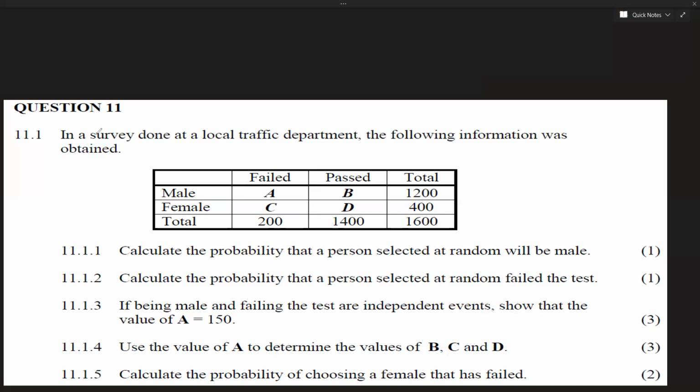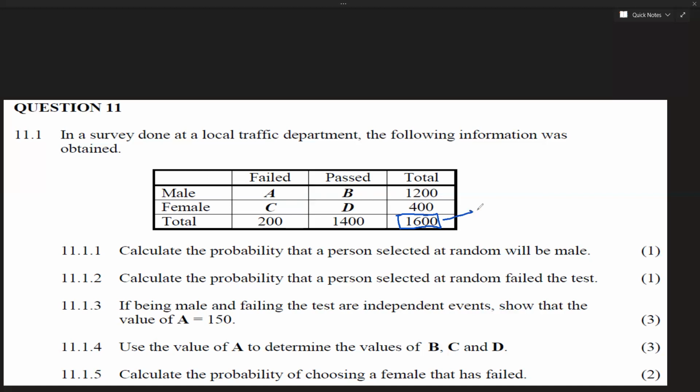They say in a survey done at a local traffic department, the following information was obtained. Then this information is represented on a what? On a contingency table, right? Perfect. So I'm going to highlight this number here. The number at the bottom right corner is the most important number.